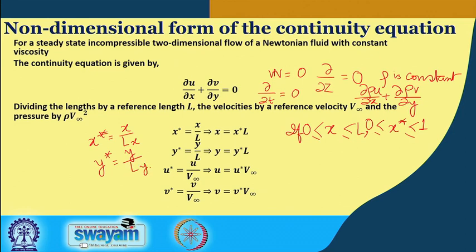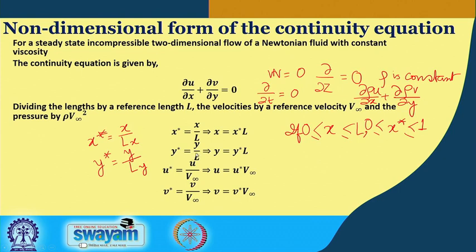That means this Lx is the characteristic length in the x direction, Ly is the characteristic length in the y direction. Okay. So in this fashion you should be making this kind of non-dimensional numbers.